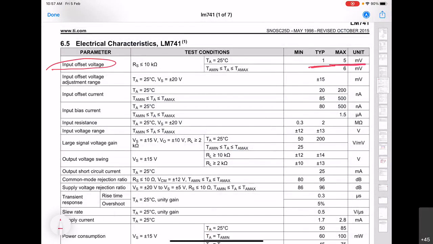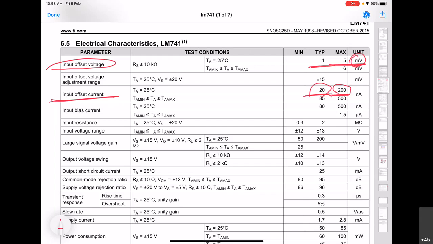But keep in mind that there will be gain, so on the output side its effect will be significant. Similarly, the input offset current is from 20 nanoampere to 200 nanoampere. Maximum is 200 nanoampere and typical value is 20 nanoampere. So during the lecture I mentioned that this voltage is of order of nanovolts or microvolt, but actually it is of order of millivolt.